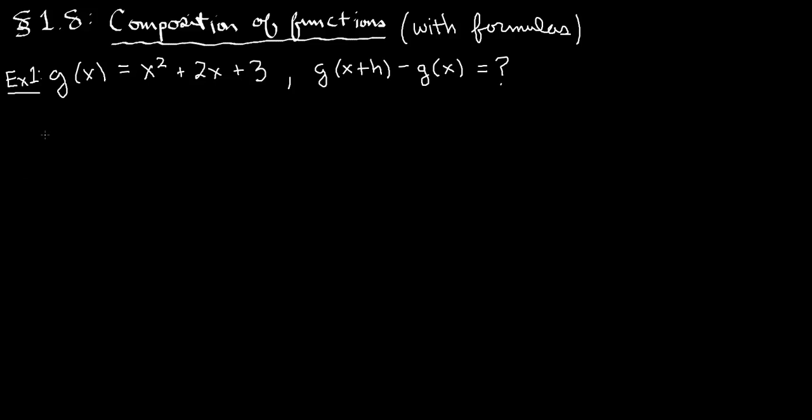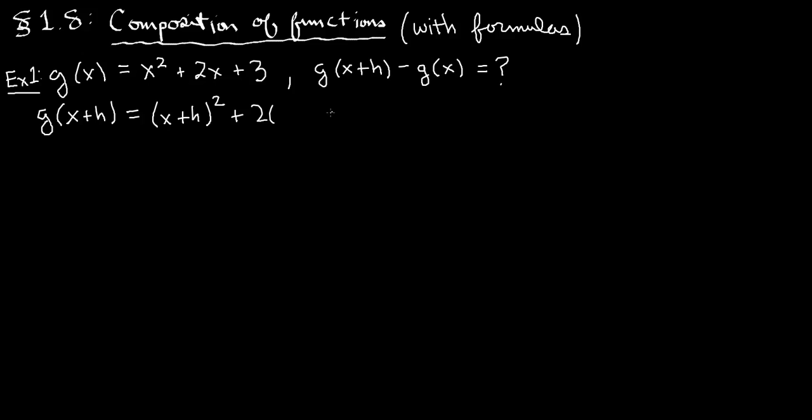We're going to do it in two steps. First, let's just write out what g of x plus h is going to be. So what we're going to do here is take x plus h and plug it into g, which is to say, we're going to replace x with x plus h. So here, instead of x squared, we're going to have x plus h squared.